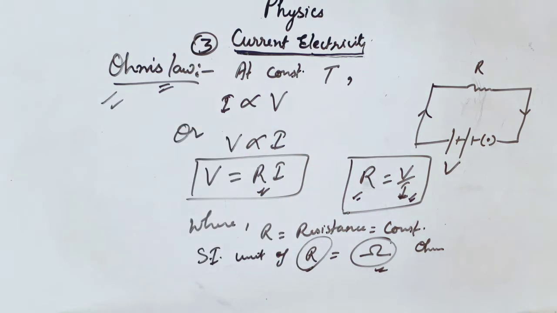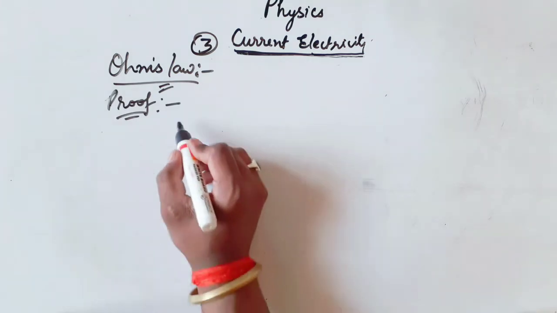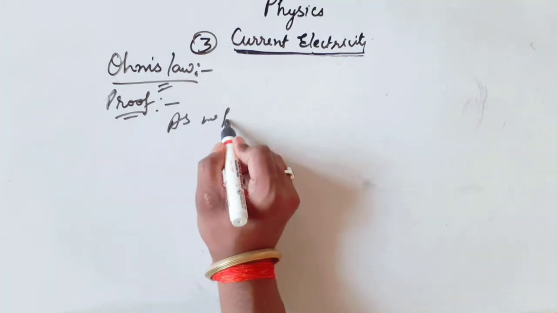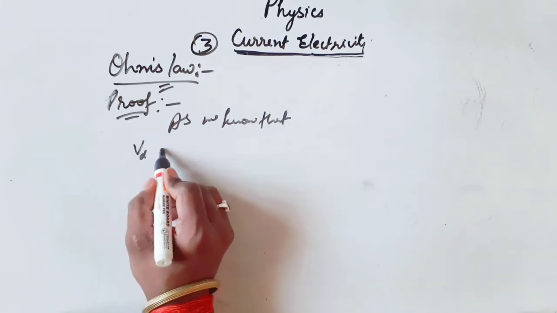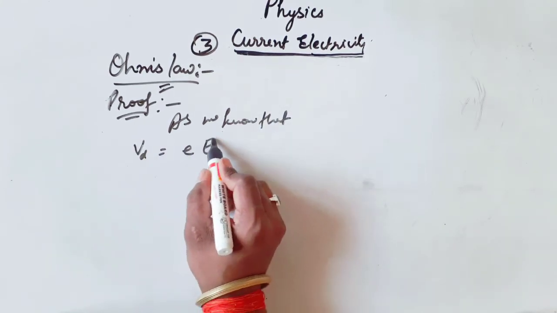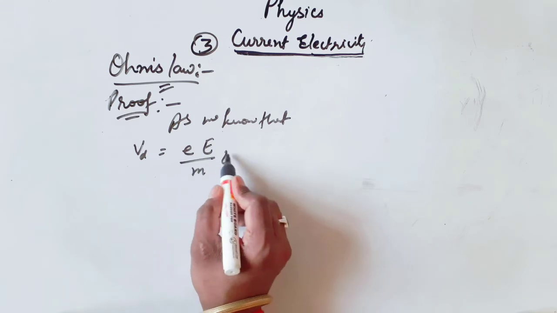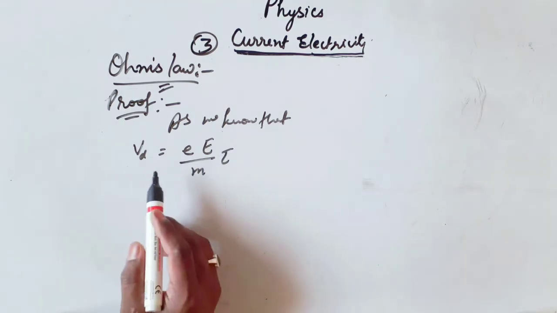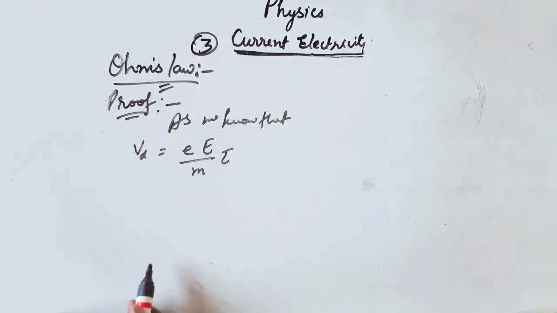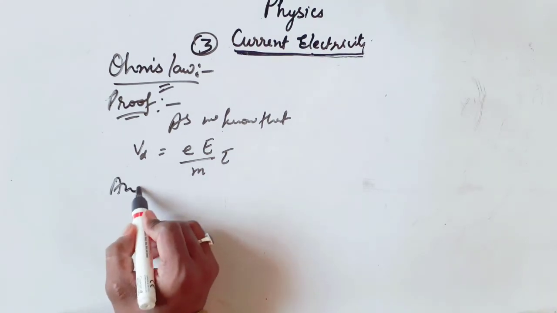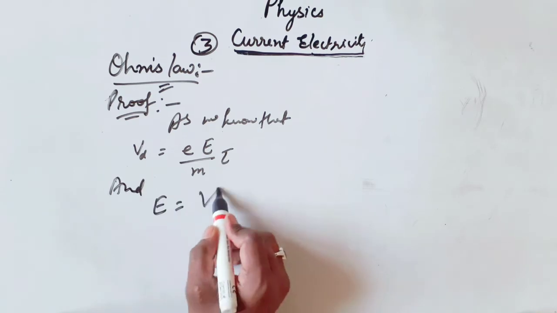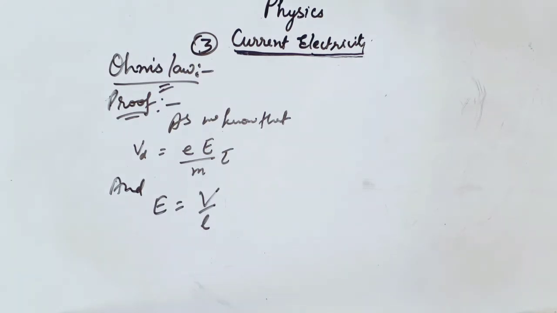As we know, the drift velocity of an electron will be equal to e into capital E upon m into tau, and E is equal to V upon L, which I have already discussed.